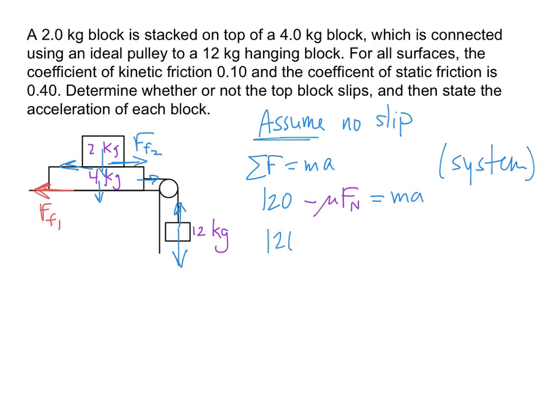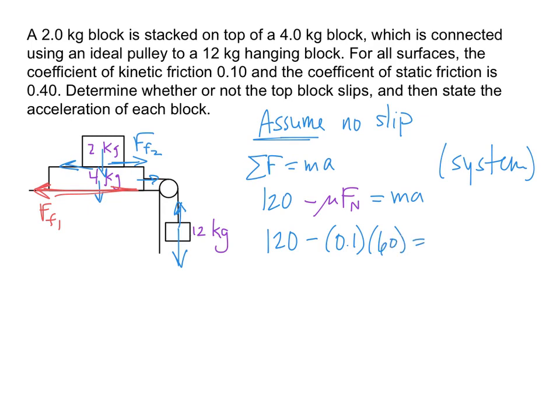Just like we did last time, we're going to use the kinetic mu, and we're going to use the normal force of everything, all the weight above the surface is exerted downward on the surface, and so the normal force would have to equal that to keep it balanced, so that's going to be 60.